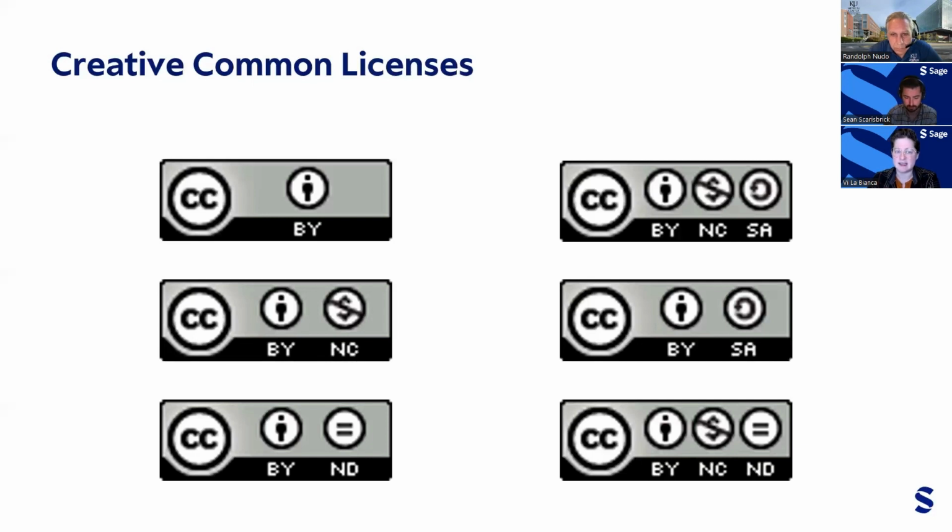CC BY-ND is the same as CC BY again, but this provides that reuse is not an adaptation or derivative, and the integrity of the original work is maintained. To create an adaptation, translation, or derivative of the original work, further permission is required from the publisher. CC BY-NC-ND, we're getting into the mouthful here, combines the same restrictions of CC BY-NC and CC BY-ND.